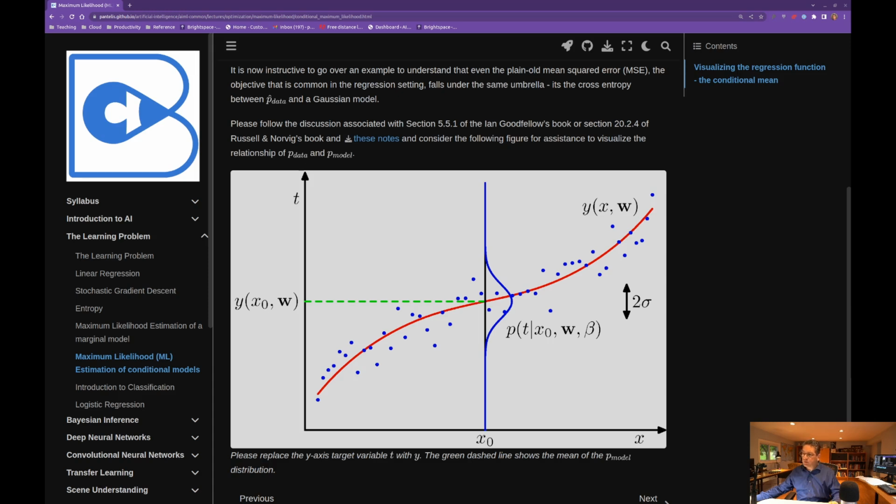That's a Gaussian P model, as you can see here, whose mean is right on top of this regression function. The regression function itself is a function that will involve, again, some form of features. It's a parameterized function over the set of parameters W that we have seen earlier in the deterministic version of this problem. And here it is shown as this conditional mean.